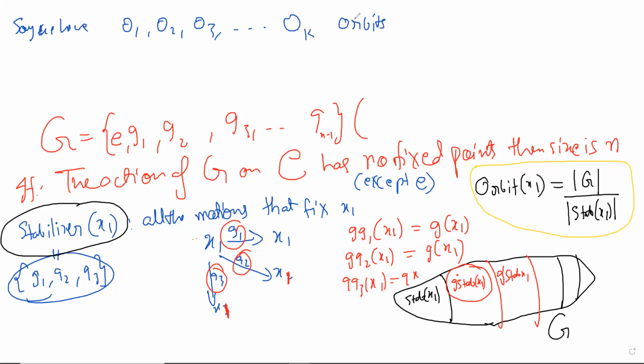They don't have the same size. O1 will have some elements, x1, x2, whatever. What do I mean? That means that basically these are all disjoint. Each orbit is disjoint.